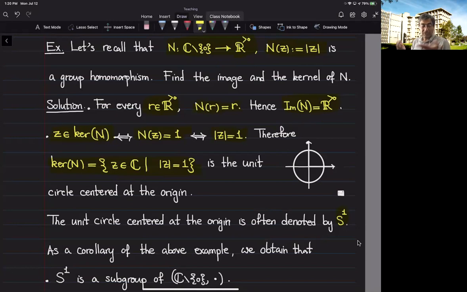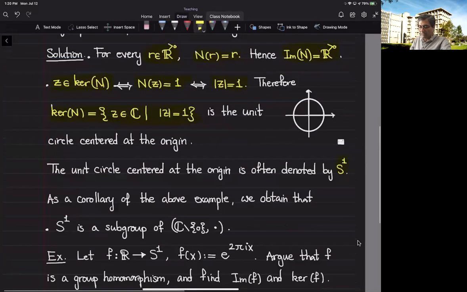Again, because the kernel is a subgroup, we immediately deduce that S1 under multiplication is a subgroup of the non-zero complex numbers under multiplication.